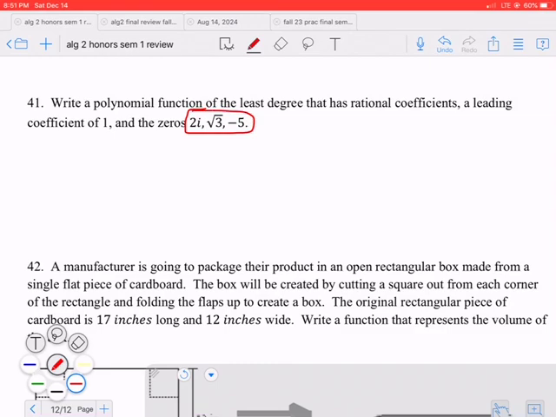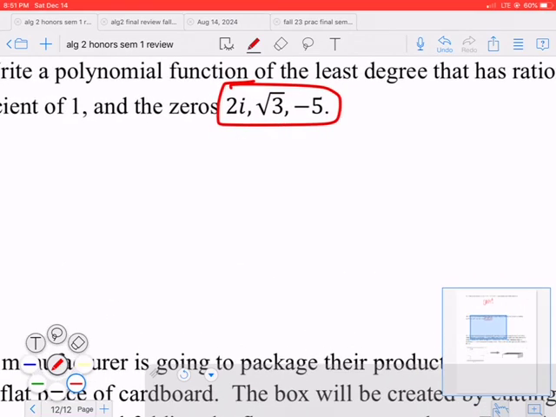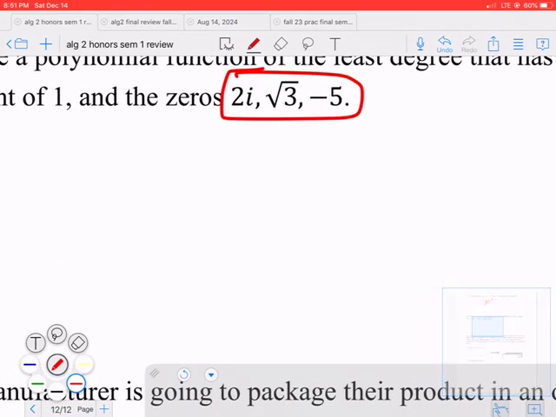What that means is we're going to turn this into the factors. If the 0 is -5, the factor is x plus 5. And here's the weird part, i's and radicals.